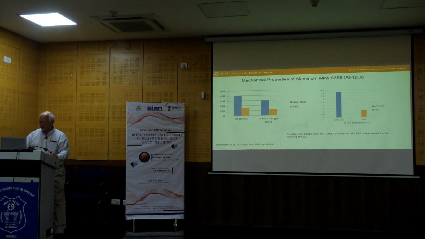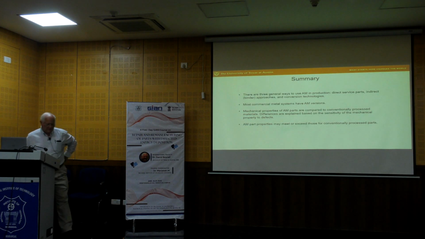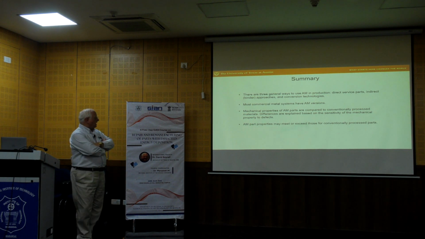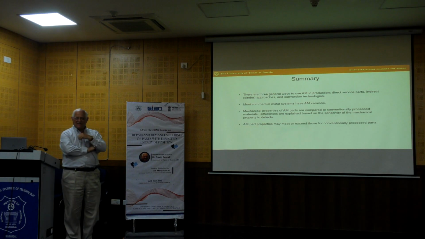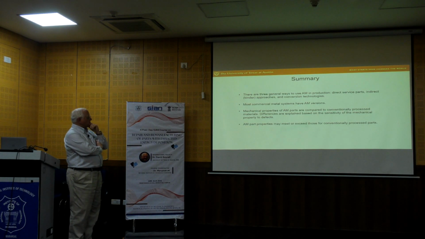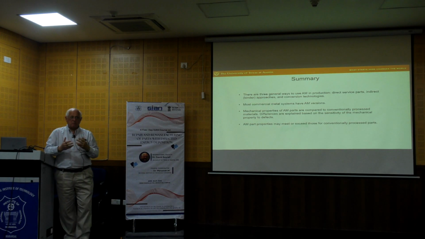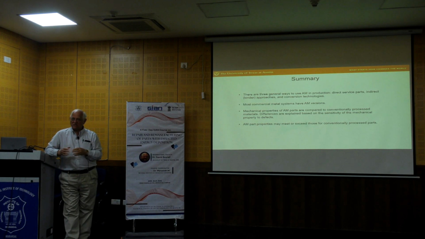So with that, I move to a summary of the mechanical properties for service parts, and this is sort of my takeaway for this lecture so far. One is that in general, in additive with metals, we think of three approaches: a direct metal approach, an indirect approach, and a conversion technology. The advantage of the indirect approaches is there's more processing involved, but the machines are typically cheaper.